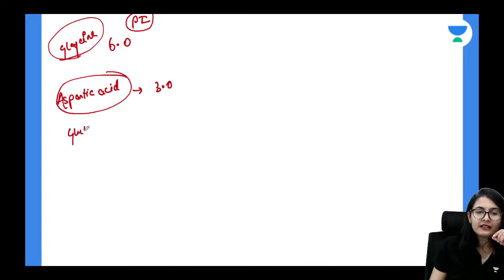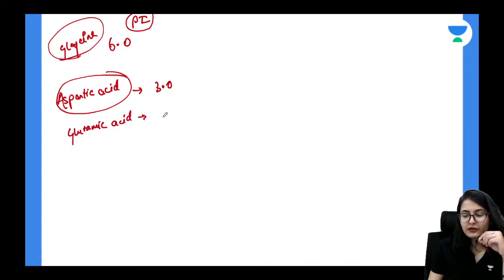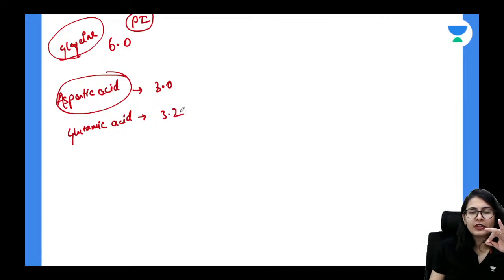For glutamic acid, that also is going to be approximately the same, 3.2 करके. For arginine, this is the one जिसके पास में guanidine type system था.